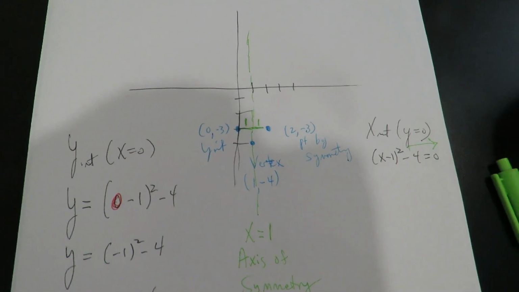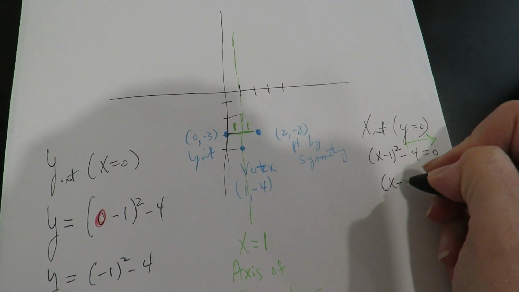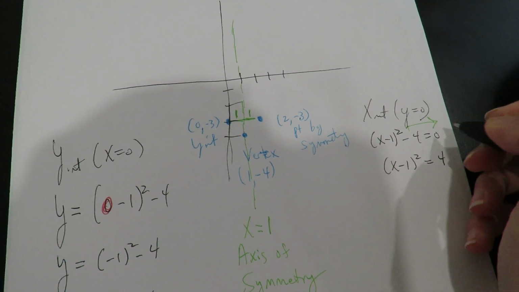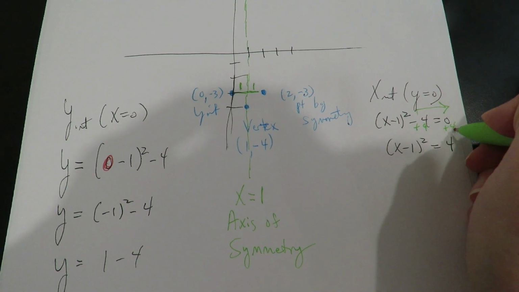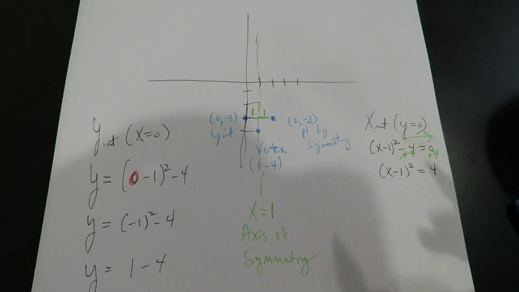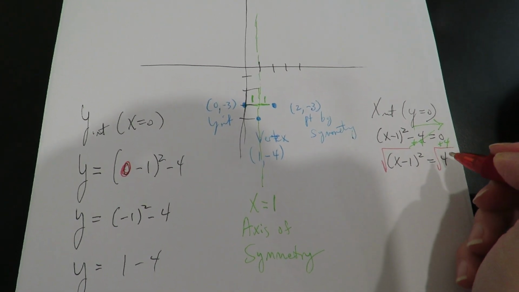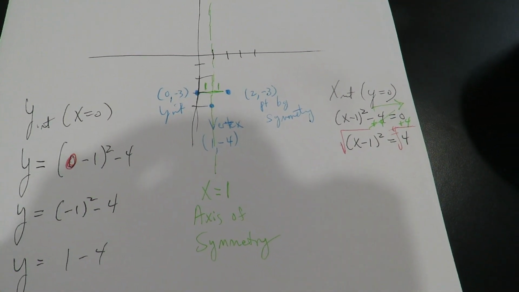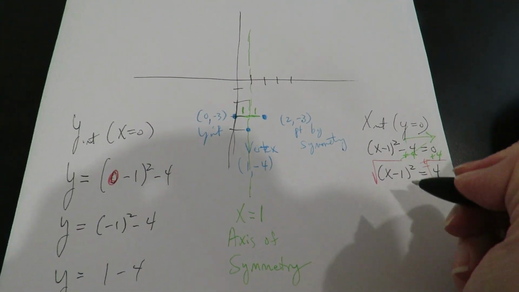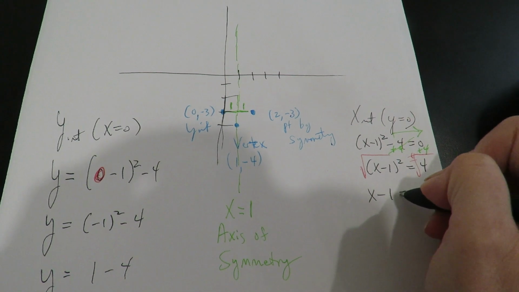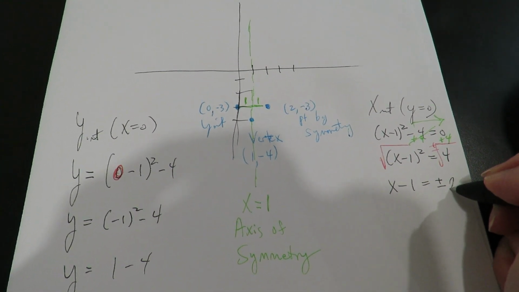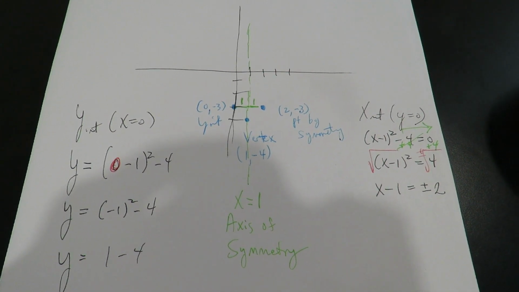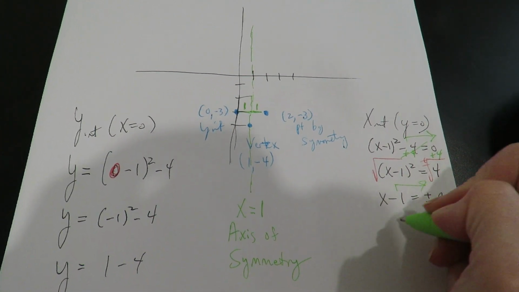So I'm going to move the constant to the other side. So I added the 4 to the other side. Now I'm going to take the square root of both sides. Just when you take the square root, don't forget the plus or minus. And the square root of 4 is 2. Now I'm going to move the 1 over.